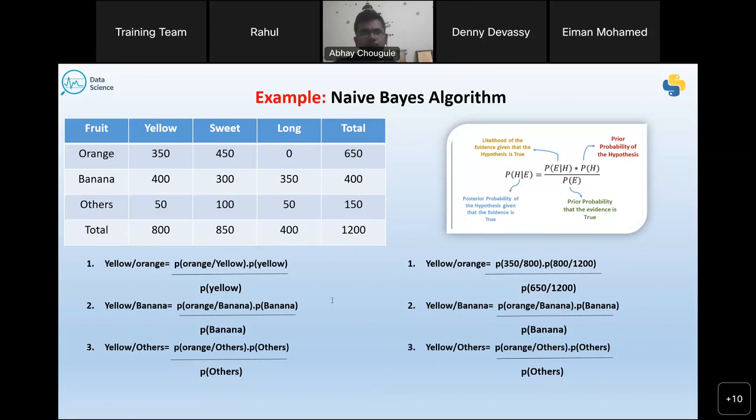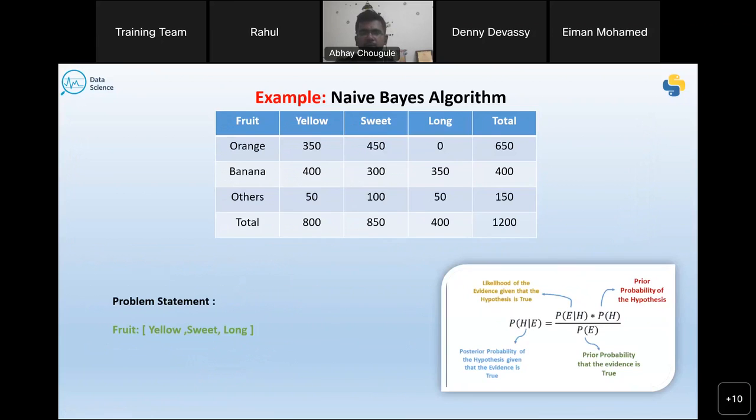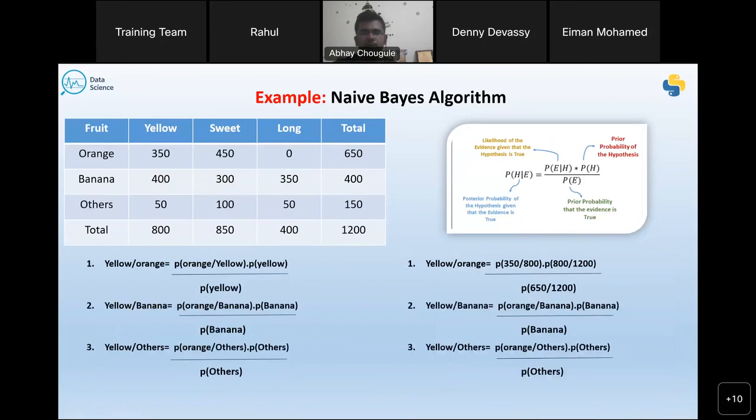Now, suppose we are asking the data set, the model, so it should give us a fruit. Which fruit is there? What is the problem statement we have? Yellow, sweet, and long. We are going to find out. So we have to pass that observation point into the formula. The first formula is yellow with orange. You have to ask with the banana and with the others as well.